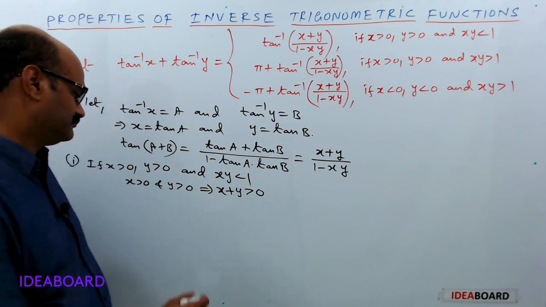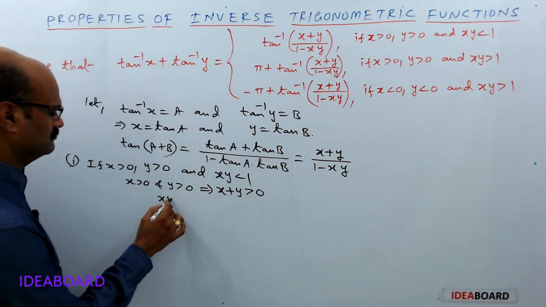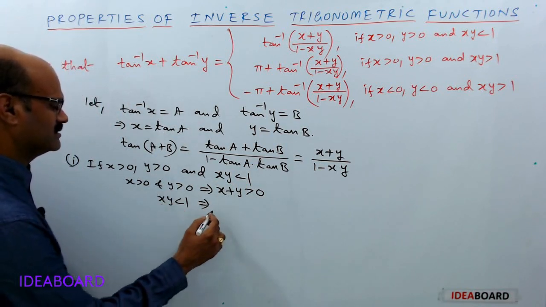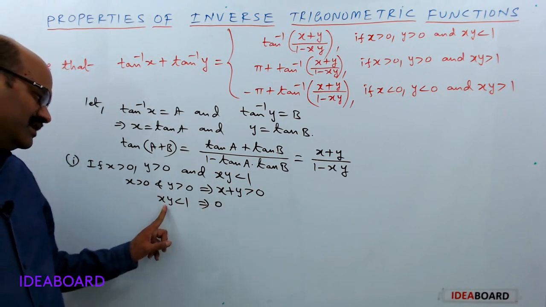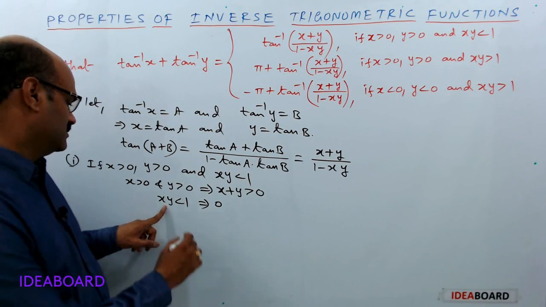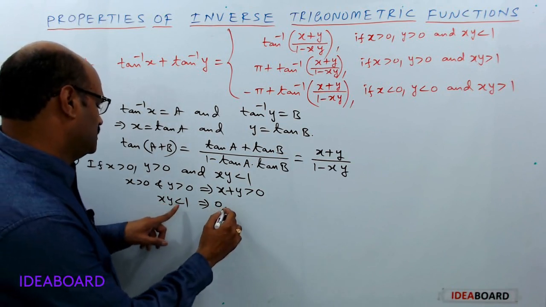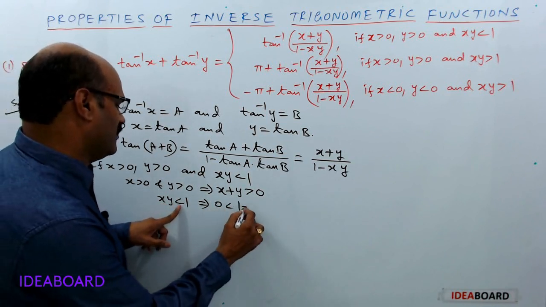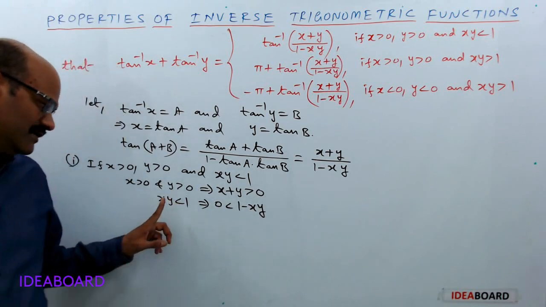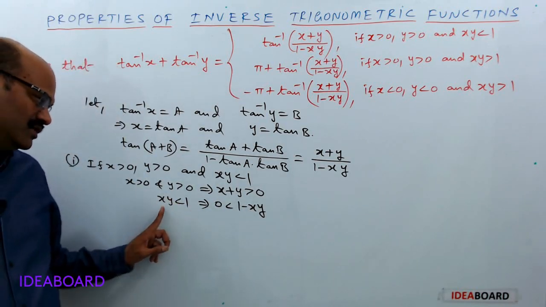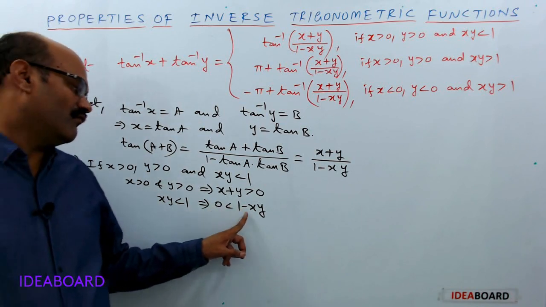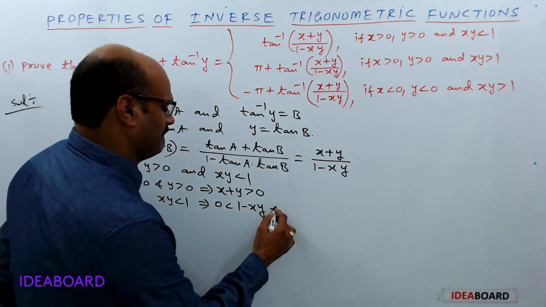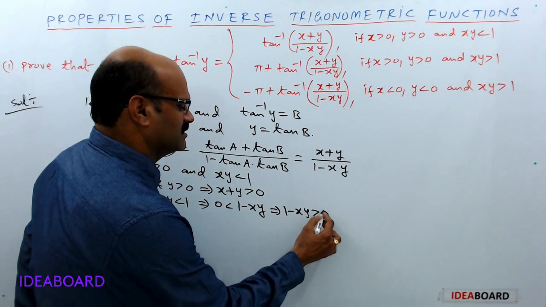Move xy from LHS to RHS, subtract xy from the given inequality. Then 0 less than 1 minus xy, so we have 1 minus xy greater than 0.